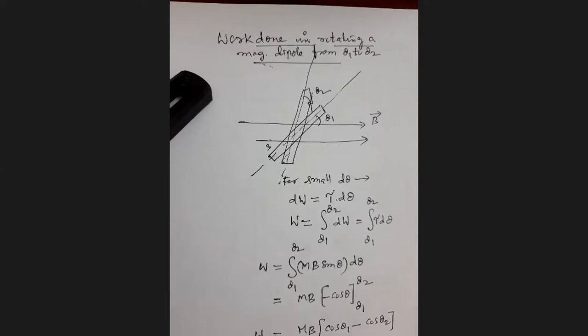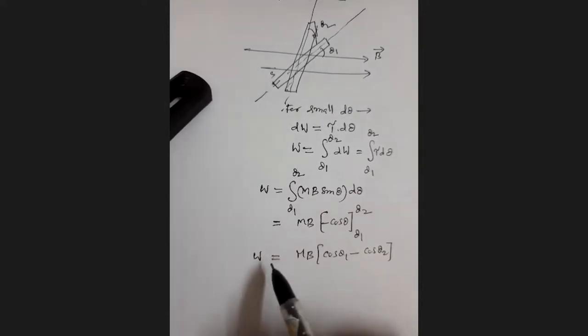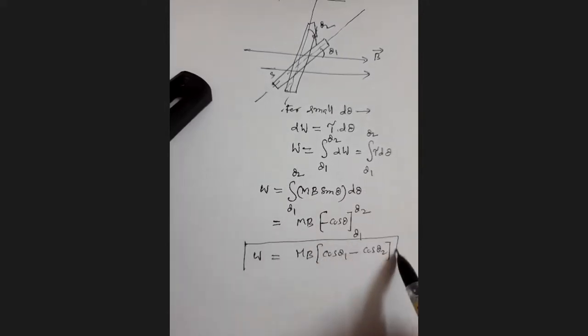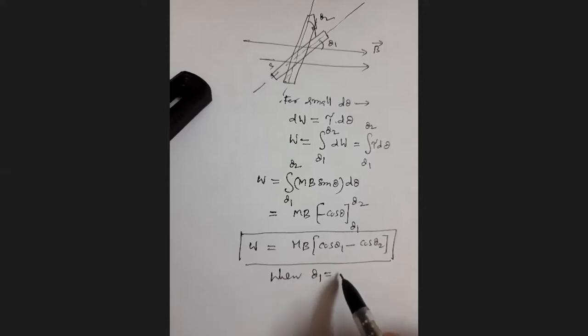This is the work done in rotating the magnetic dipole from the position theta 1 to theta 2 in the uniform magnetic field of induction capital B. So here, when theta 1 equals 0 degrees and theta 2 equals theta, then what happens? W equals mB into (cos 0 minus cos theta), that is mB into (1 minus cos theta).